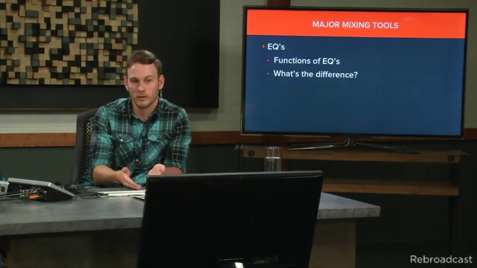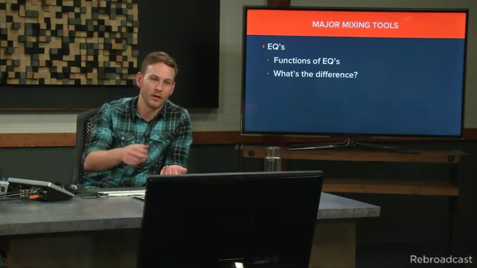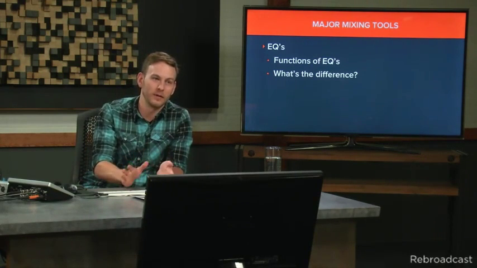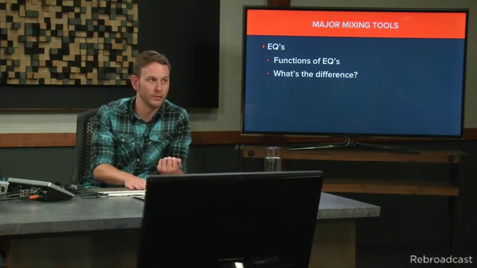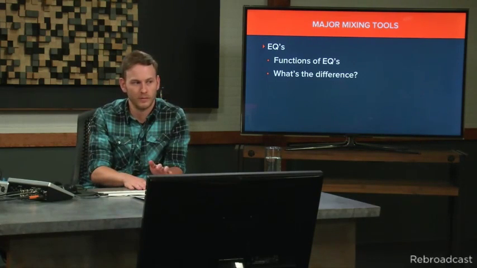But when I use the SSL EQ, and it's the same with the physical SSL EQs, they have a harmonic distortion feature, and you can add brightness to something that you couldn't have added brightness to otherwise, because the harmonic distortion is actually adding frequencies to the signal that never existed. And we're going to talk about how to use that really well later.